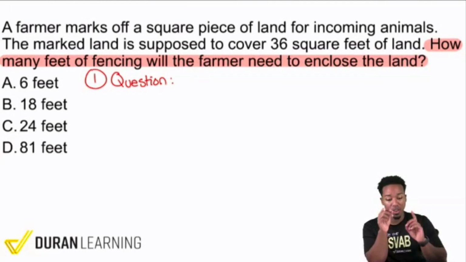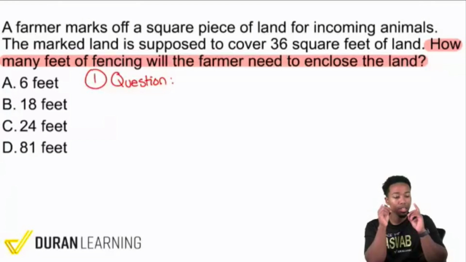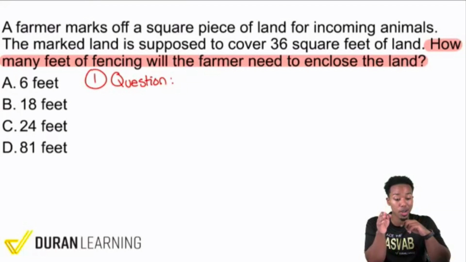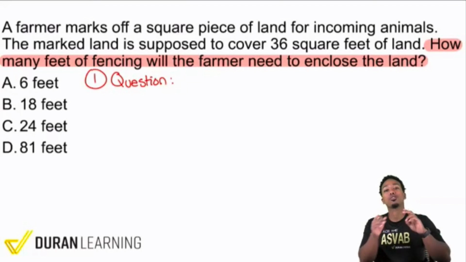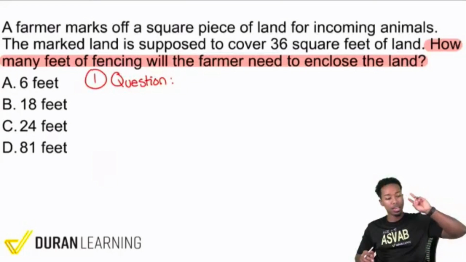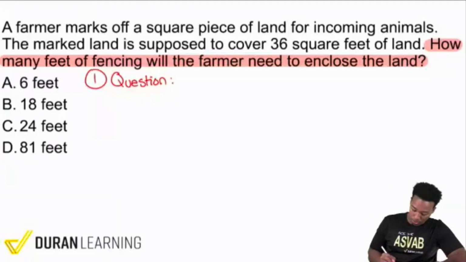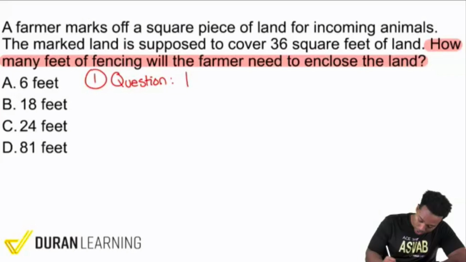What are you trying to find and what keyword gives it away? So Aaliyah says perimeter because it says how many feet. I see feet, perimeter. I see enclosed, coconut. That's what I was looking for right there. Everybody, I'm going to show you 3 main things that give away that this is about perimeter. So the question, I'm going to say right now, the question is asking you to find the perimeter.